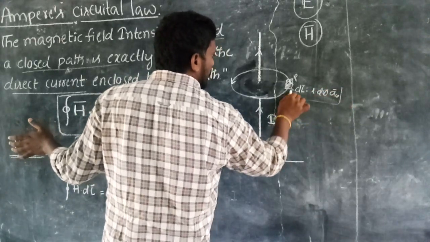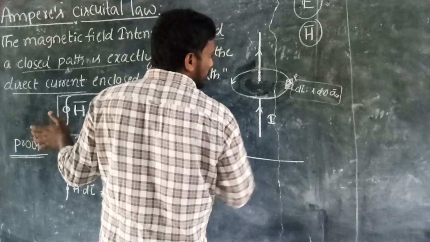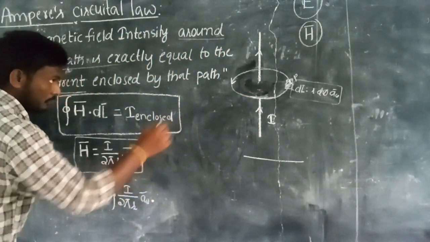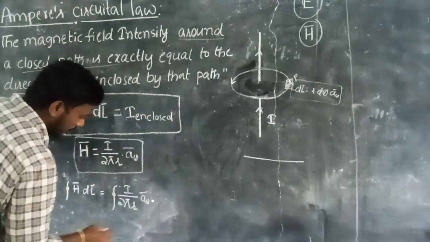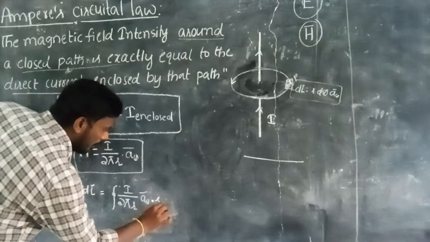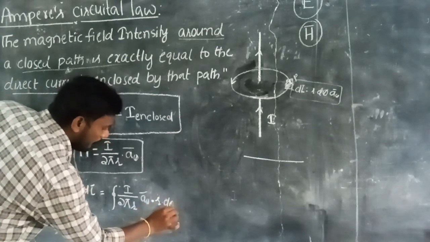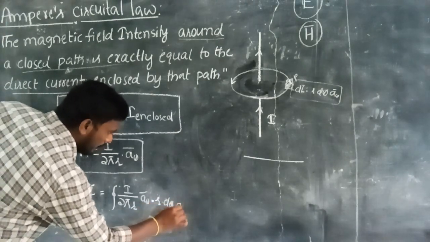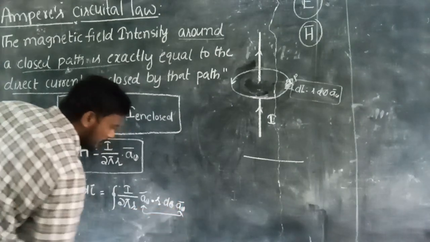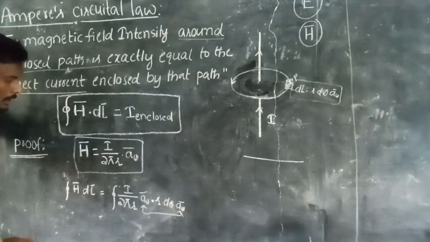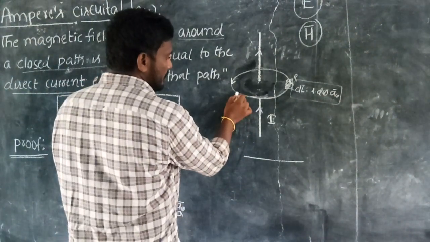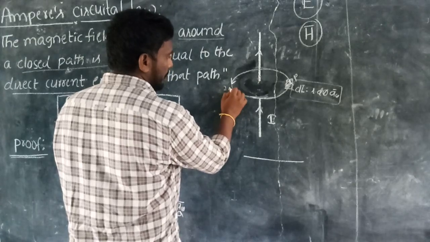Where did you get this from? It is considered from the cylindrical coordinate system. Now substitute that small differential length in this expression, so it becomes r d phi into A phi bar. What is the dot product between the same unit vectors? It becomes 1. And what are the limits? As it is a circular path, it is from 0 to 2 pi.